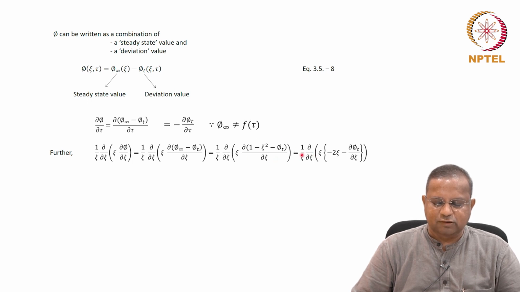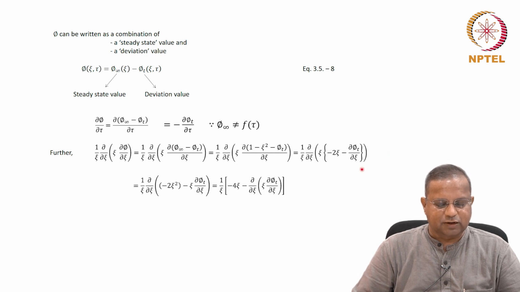And therefore, this can be written as 1 by xi dou by dou xi, the xi is following us. And this derivative, now we have it in terms of xi and phi t. So, 1 is a constant, does not depend on xi, minus xi squared is minus 2 xi, and this is minus dou phi t dou xi. Okay. So, this is what we have converted it to.